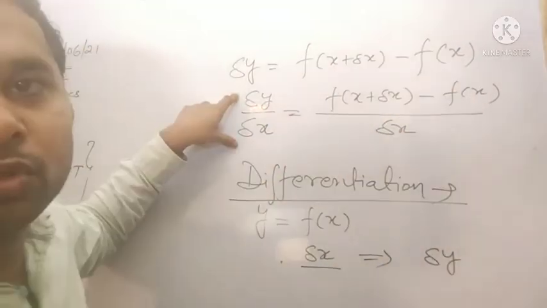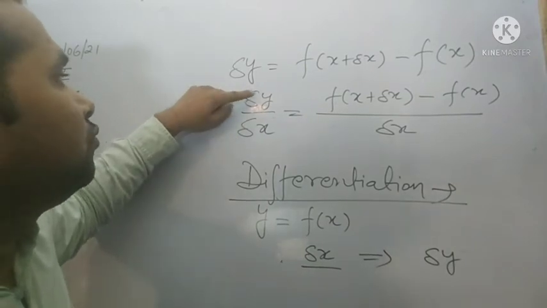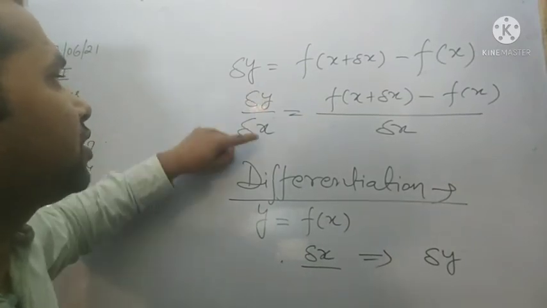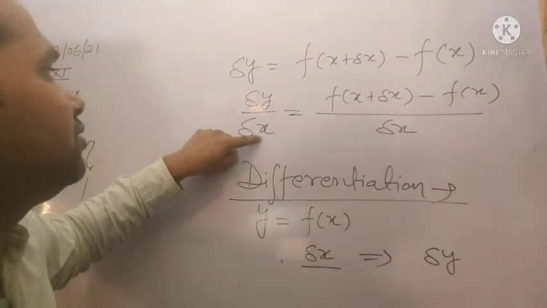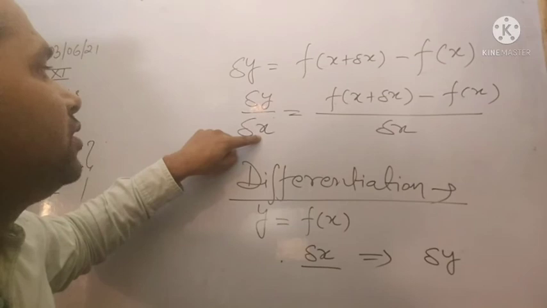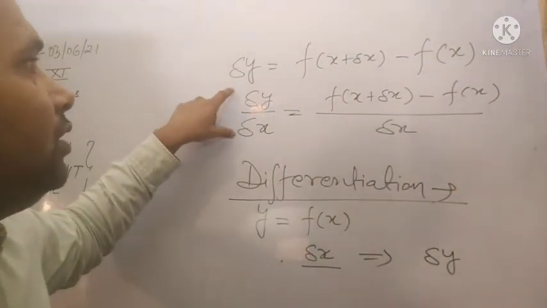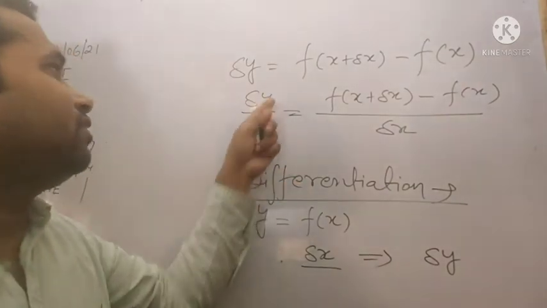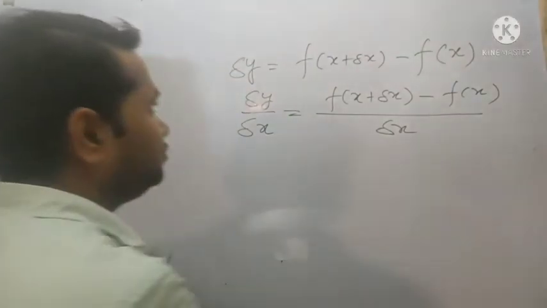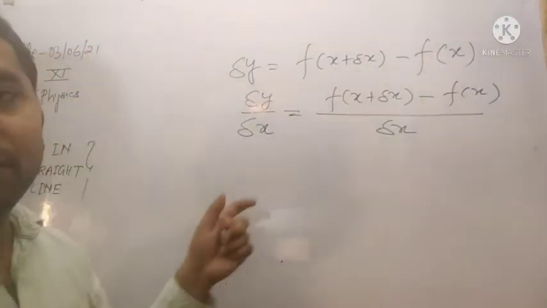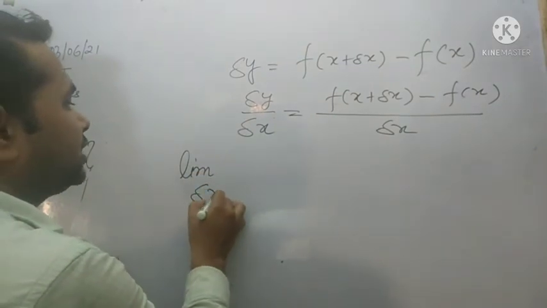So this ratio shows what is the change in y with respect to x. When we have the change in value of x, then it will also change the value of y. So this ratio shows the change in value of y with respect to x. Now see, taking limits on both sides, limit delta x tends to 0.